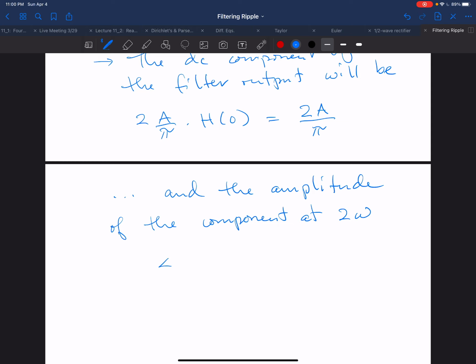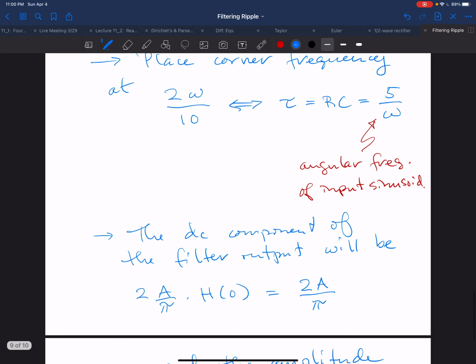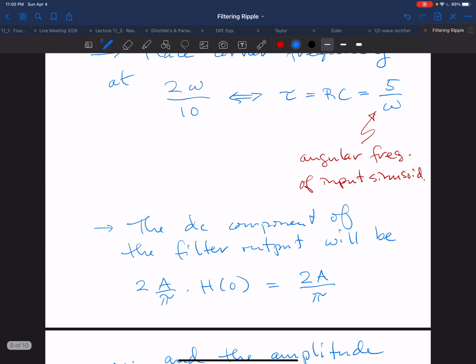It's going to be 4a over pi times 1/3 its original amplitude times the magnitude of the frequency response. So we see from here that omega tau is going to be 5.